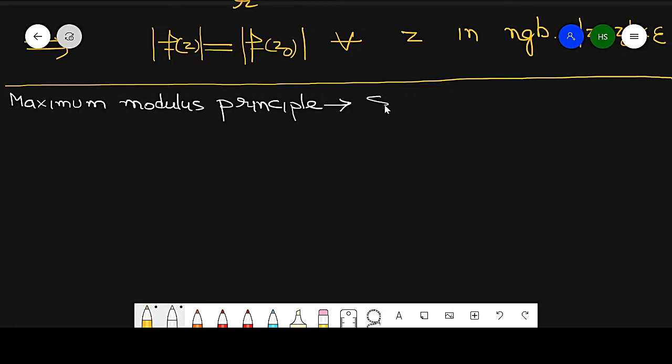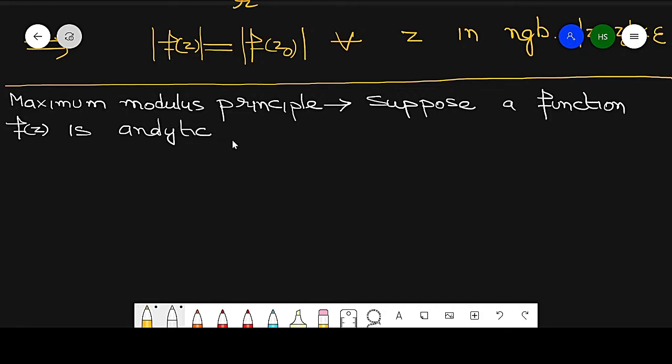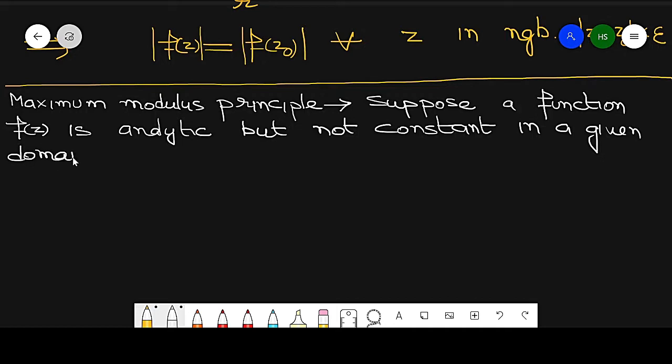Now the statement is: suppose a function f of z which is analytic but not constant in a given domain D.